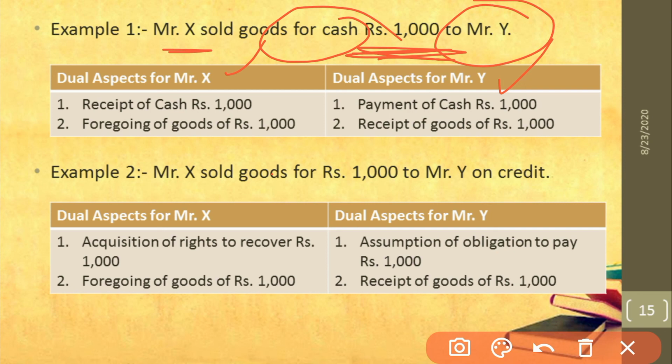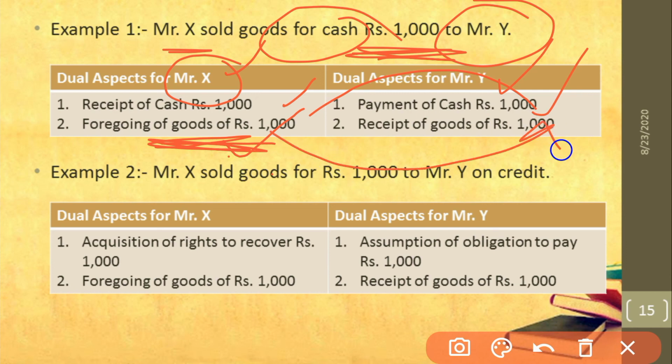Mr. X has received rupees 1000, and Mr. Y has paid rupees 1000. Similarly, Mr. X has given goods worth rupees 1000 and Mr. Y has received goods worth rupees 1000.